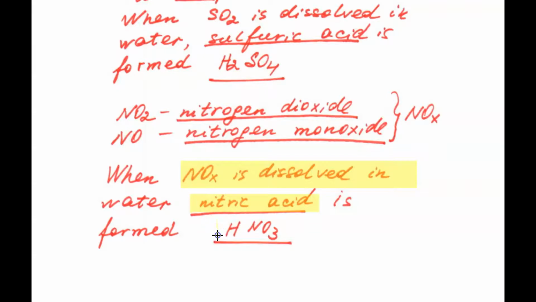Nitric acid formula is over here, HNO3. It is made of 1 hydrogen, 1 nitrogen atom, and 3 oxygen atoms. And nitric acid is also extremely strong acid that makes our environment very acidic. All right, so nitrogen oxides, NOx, when dissolved in water, produce nitric acid.